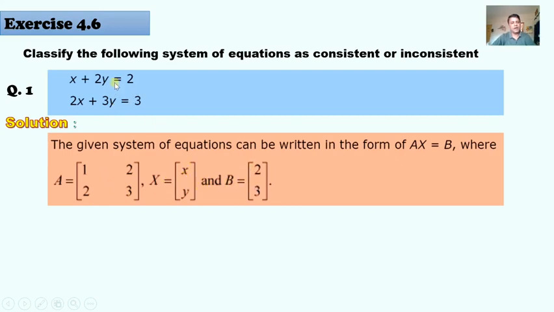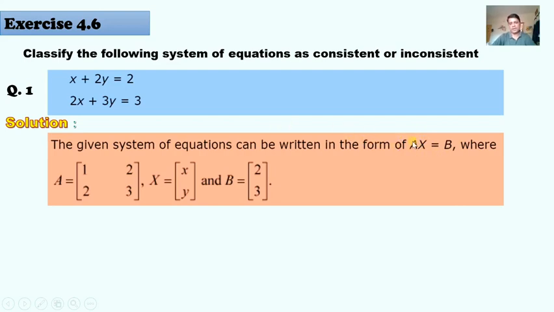Dear students, you have to keep one thing in your mind. Whenever you are attempting linear equations in two or three variables, think about this particular formation, that is AX equals B. Every linear equation will be in this format, where A is purely constant, B is also purely constant, and X is all the variables involved in that particular question.